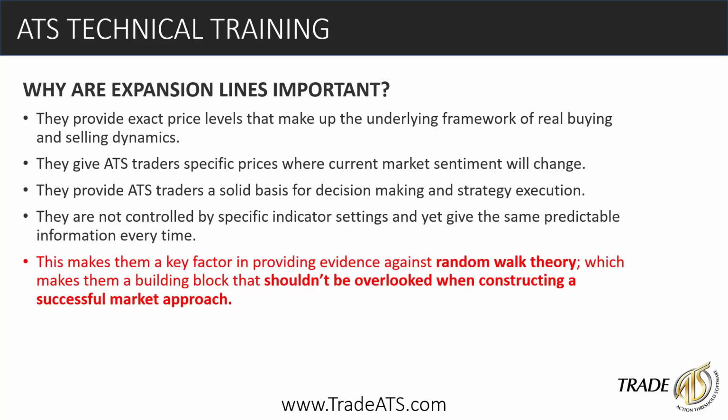So by using the expansion levels as the overall structure, looking at how they act together, that provides you with that solid framework, and when combined with an overall trend, it gives you a pretty lethal approach to understand the inner workings of the trend and the sensitive price levels that will either propel the trend or cause the trend to fall apart, depending on how price interacts with those levels.